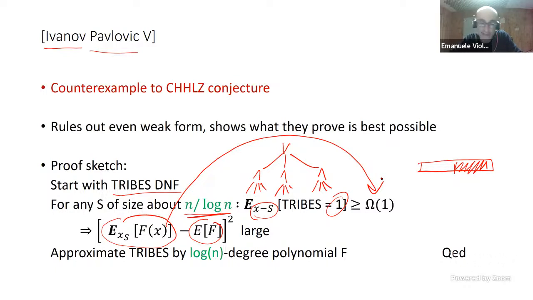It's a DNF, not a polynomial, but you can approximate it by a low degree polynomial, kind of like the Razborov way, and you can prove that this approximation preserves the large local correlation. So you can approximate it by a log n degree polynomial and still have large local correlation. So this is a counterexample. Any questions?